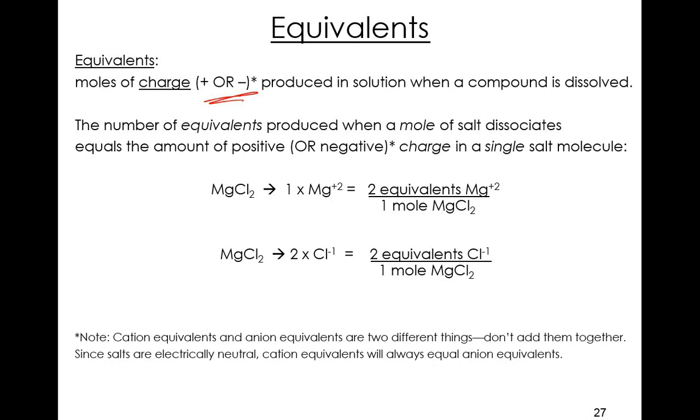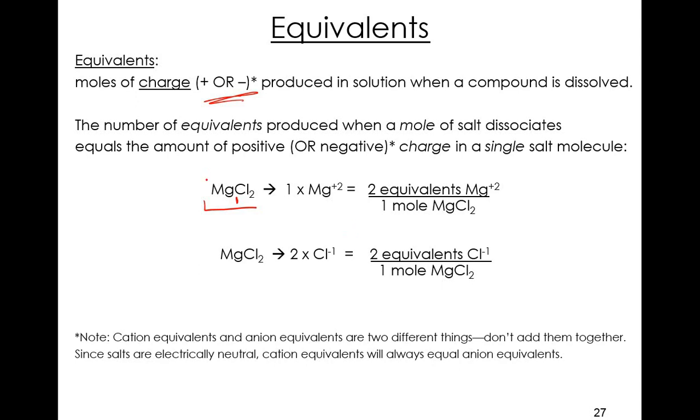Because some ions have charges that are greater than 1, the moles of ion in a salt may not always equal the number of equivalents, or moles of charge, that ion contributes in solution. For example, magnesium chloride. It contains a ratio of 1 magnesium to 2 chloride ions.